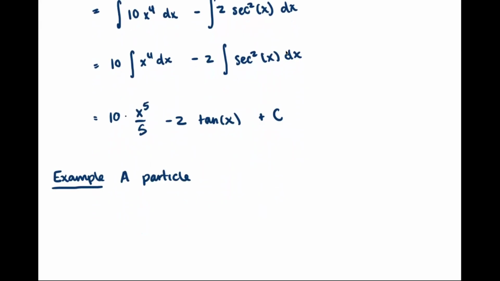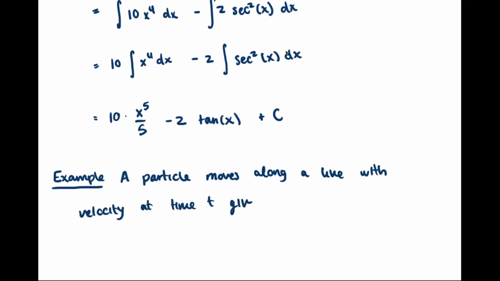So a particle moves along a line with velocity at time t given by the following function. So v of t is equal to t squared minus t minus 6, and this is in meters per second.